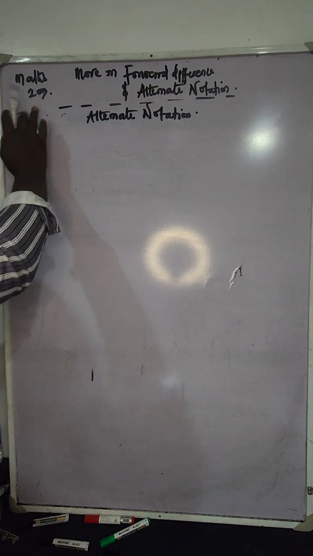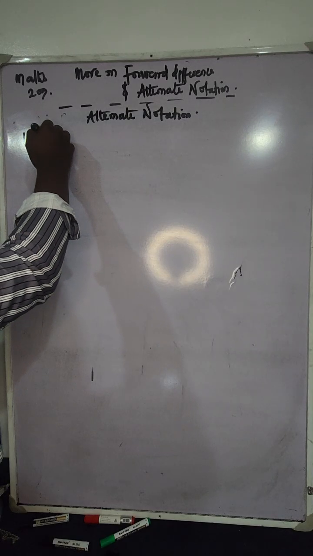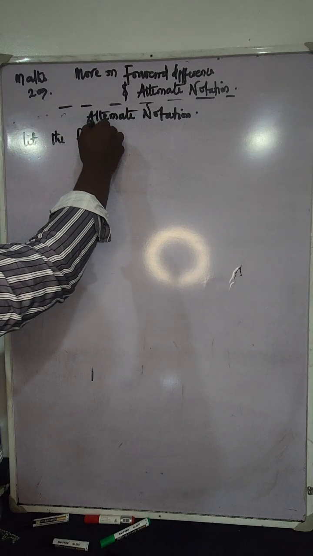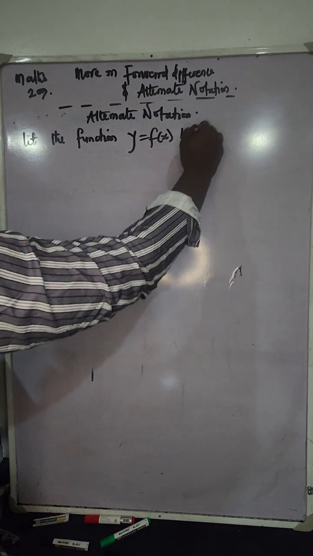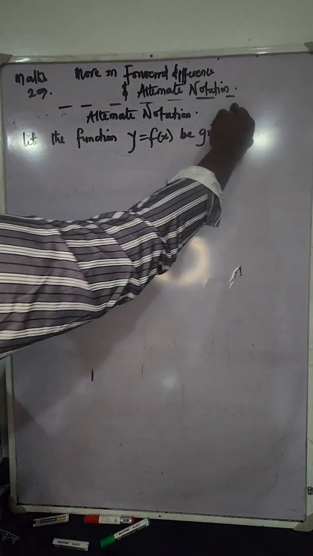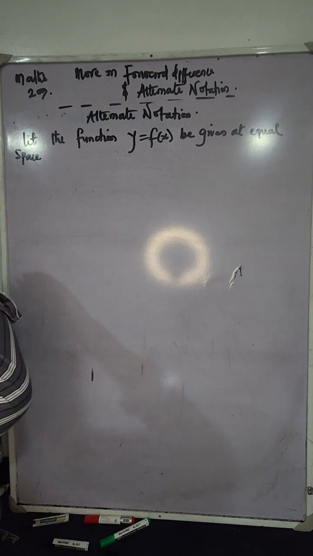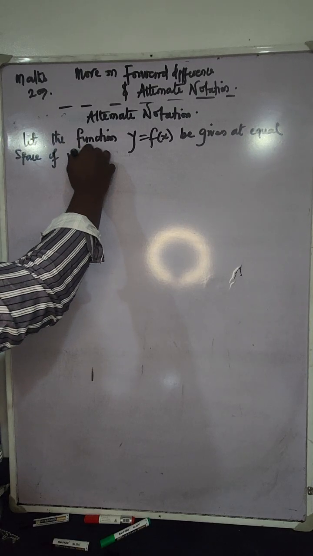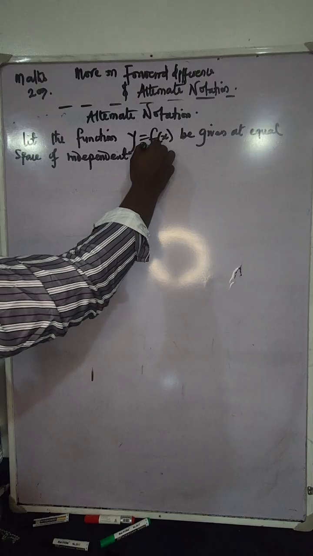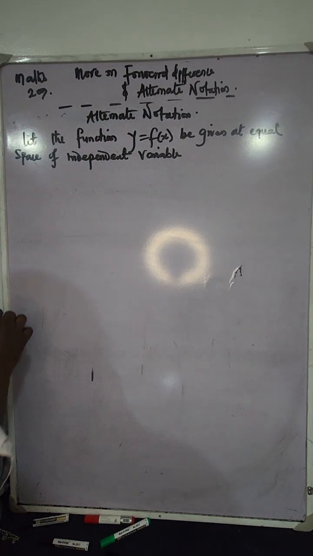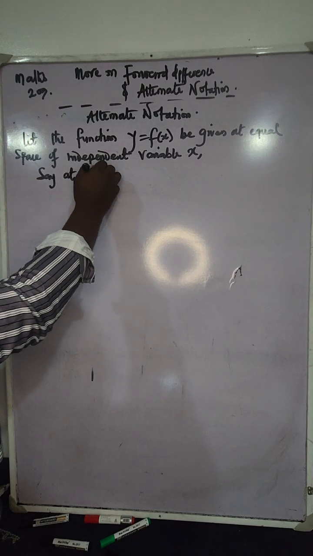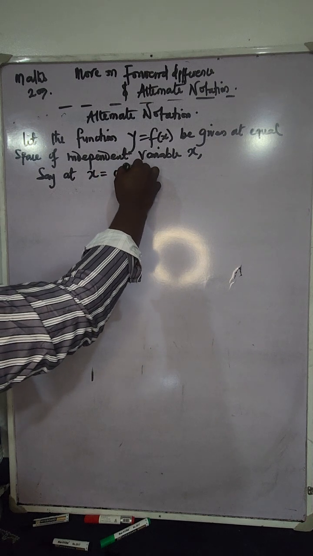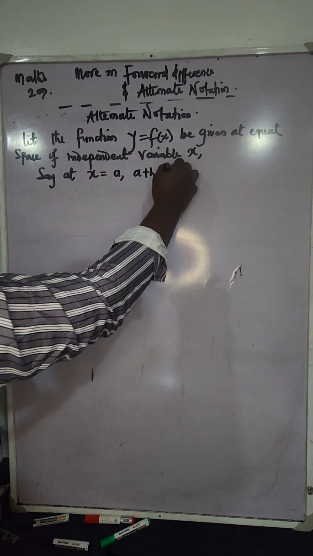We said let the function y equals f of x be given at equal space of the independent variable x, let's say at x equals a, a plus h, a plus 2h.